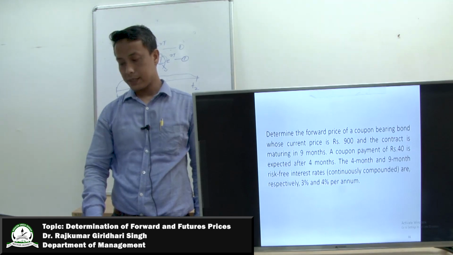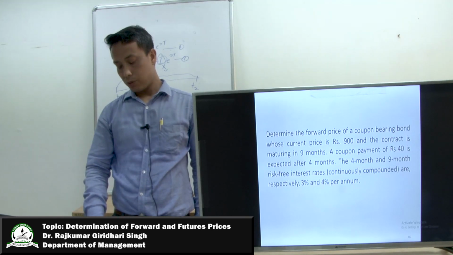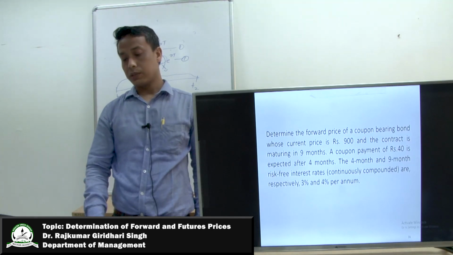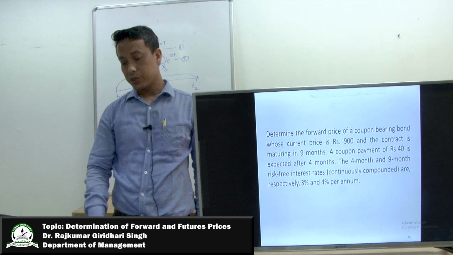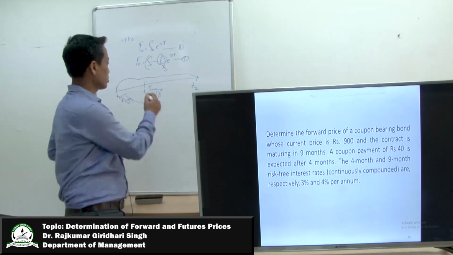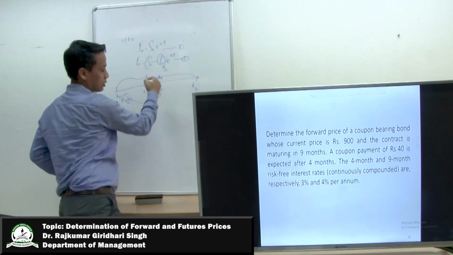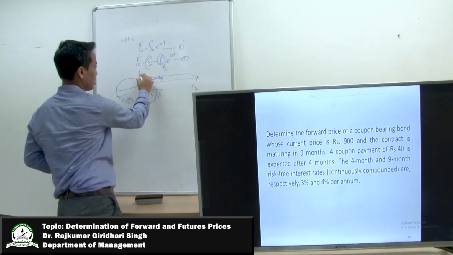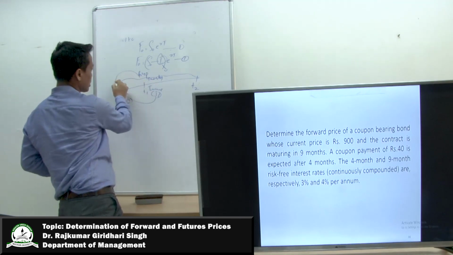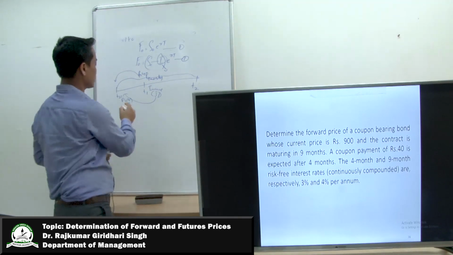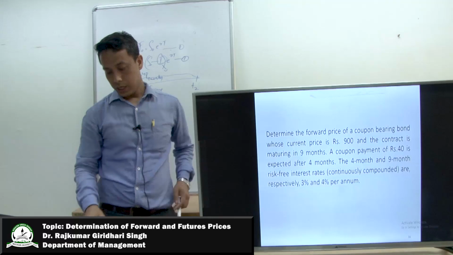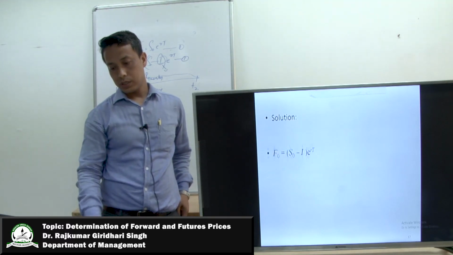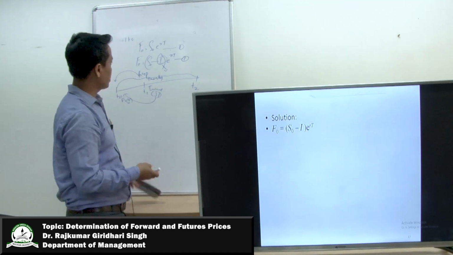At the same time, this bond is giving you a coupon payment of rupees 40, which is called cash income, and we are going to receive it in 4 months' time. We have to find out the present value of this rupees 40 at time T0, and R is 4%.